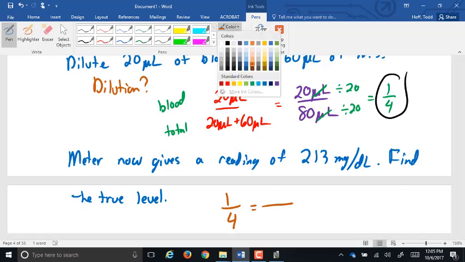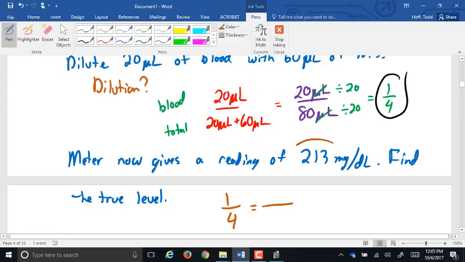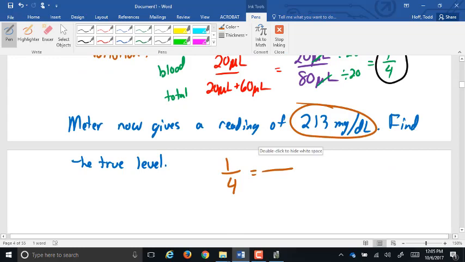Now we have that 213 milligrams per deciliter. Is the true reading going to be larger or smaller than that? Larger. We diluted it, so we shrunk it down. So the true reading is going to be much larger. So the 213 milligrams per deciliter has to go with the smaller number, the 1.